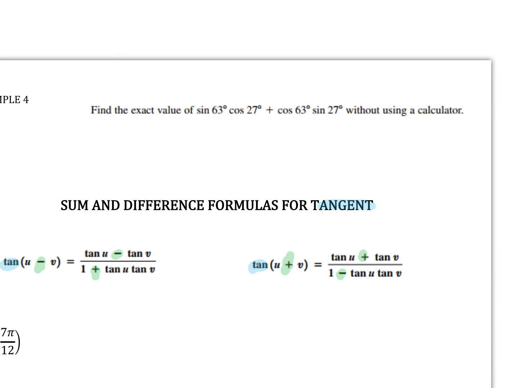I want you to notice a few things. I'm seeing sines and cosines mixed together. So does that mean that we're looking at a sine formula or a cosine formula? Sine, good. So you know it's a sine formula. And if it's a sine formula, then if we see this sign as being positive, what does that mean?